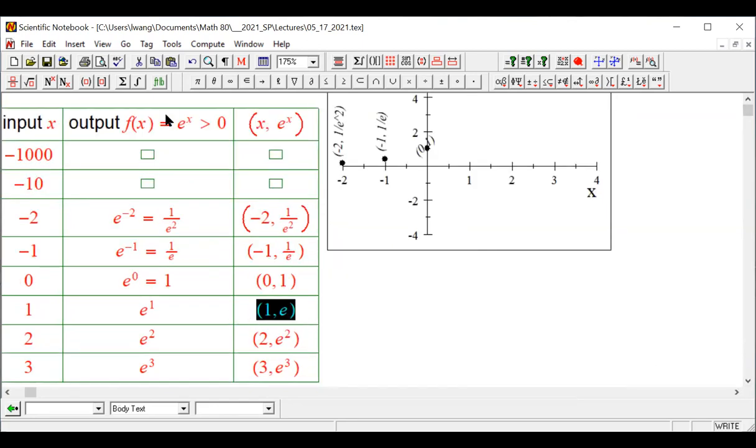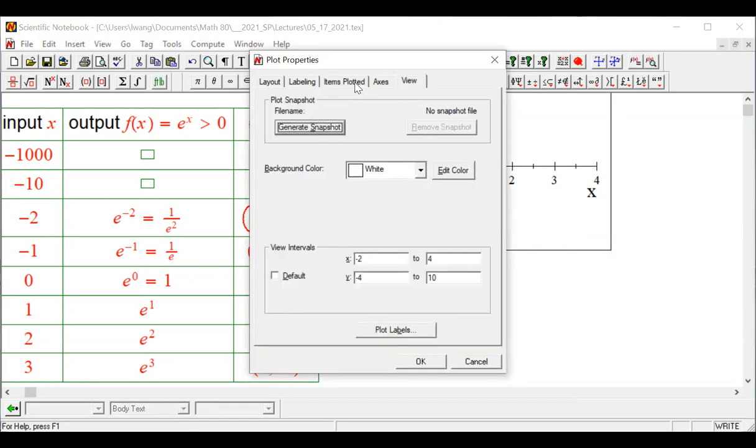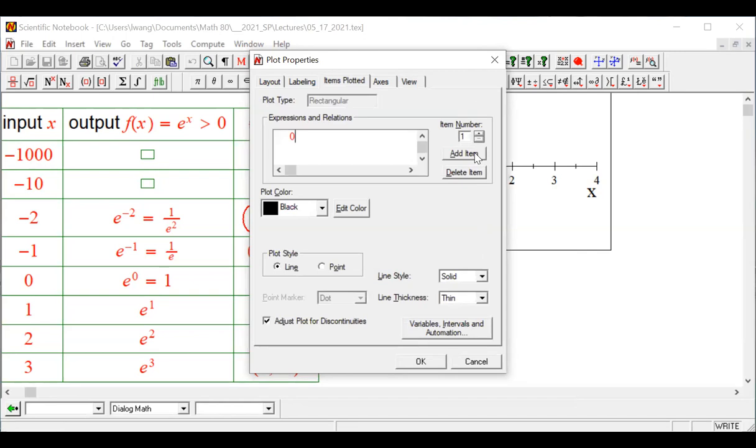So 1, E. We're gonna mark that point as well. Did I plot the points 0, 1? Yeah, okay, I did.